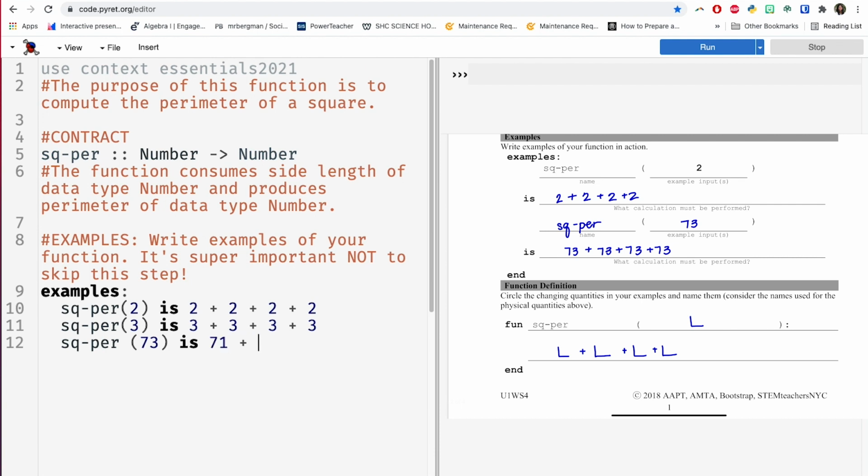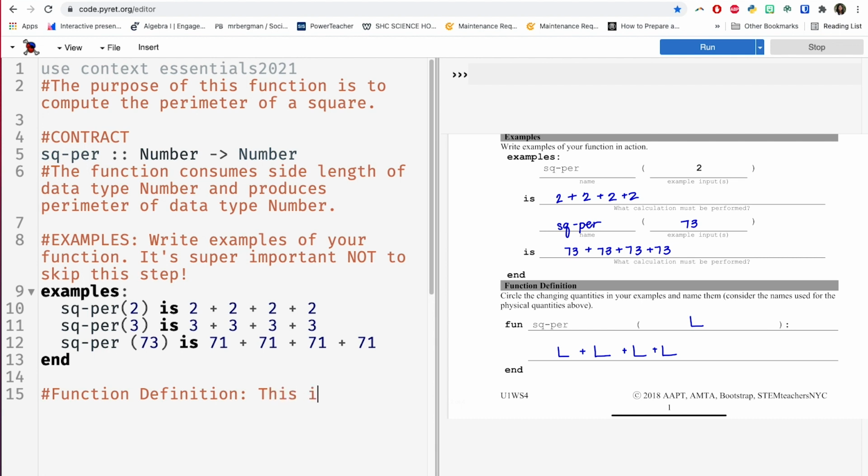Now this is like a question mark. It's checking if your right hand and your left hand side of the is are the same. So SQ per 2 is 2 plus 2 plus 2 plus 2. SQ per 3 is 3 plus 3 plus 3 plus 3. So it's going to check and tell us whether or not we're on the right track, right?